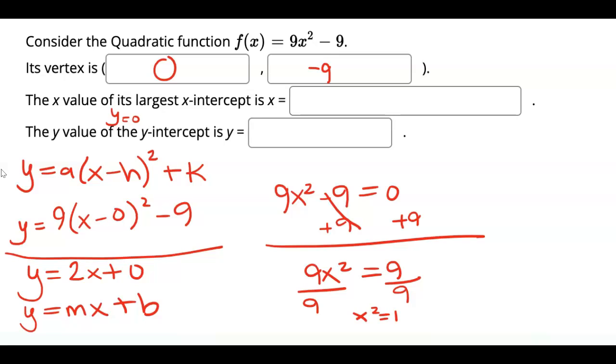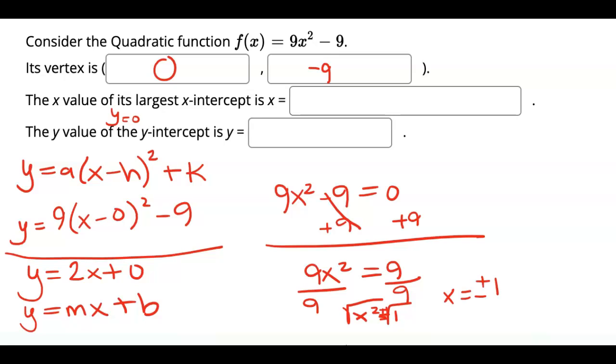Now, to find x, we need to take the square root. However, when we take the square root like this, we have to put on a plus or minus. We have to consider both the positive and the negative case. So x equals plus or minus the square root of 1, or plus or minus 1.